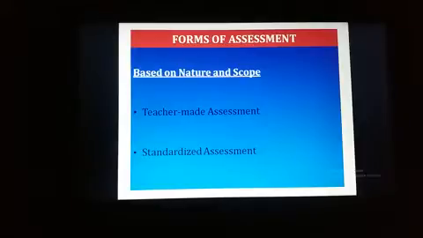It is not tried out, it is not standardized, there is no universality of such tests because it is specific to the teacher only. On the other hand, there may be the assessment that is standardized assessment.